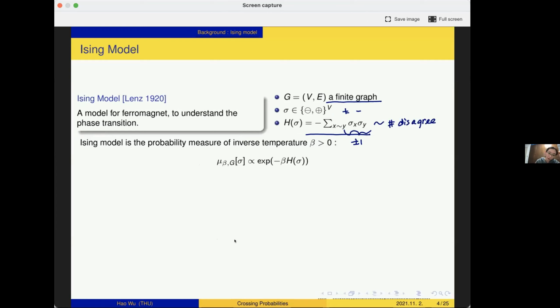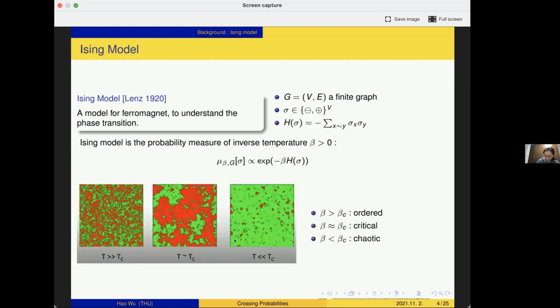And the Ising model is a probability measure defined like this. Each spin configuration happens with probability proportional to the exponential of minus beta times the Hamiltonian. And beta is the inverse temperature in the physics meaning. After this model was introduced, here are three pictures from a simulation of this model.